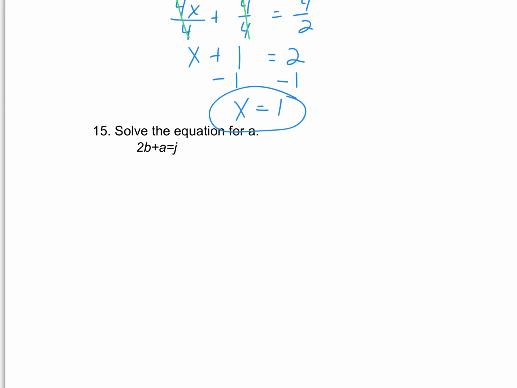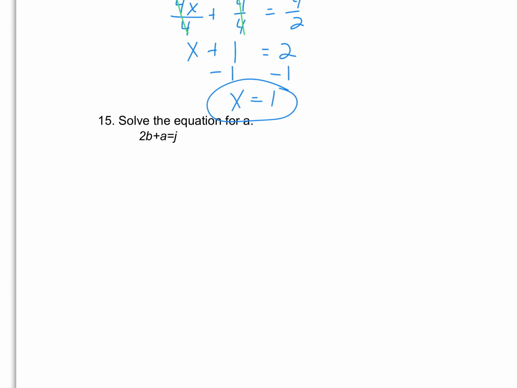Okay, 15, solve the equation for A. So I'm given an equation, mainly variables, and I need to solve this for A. So in other words, get A by itself on one side of the equation.